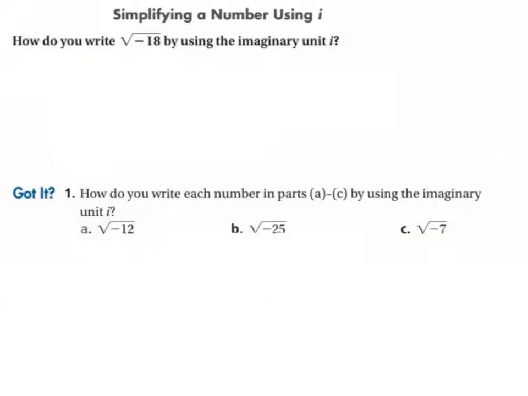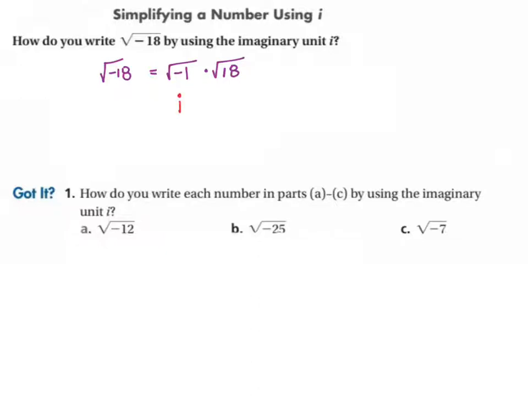So here it says, how do we write the square root of -18 by using the imaginary unit i? The first thing we're going to do is take the square root of -18 and recognize that this can be broken down into the square root of -1 times the square root of 18. The square root of -1 we know is just i.